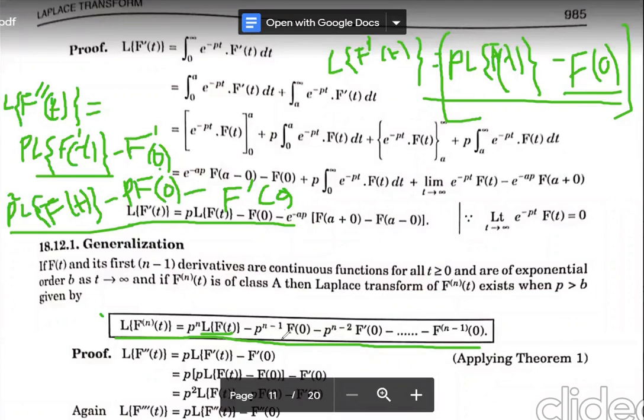And then in the next step, the derivative of f goes on increasing by 1. So it is non-derivative here.